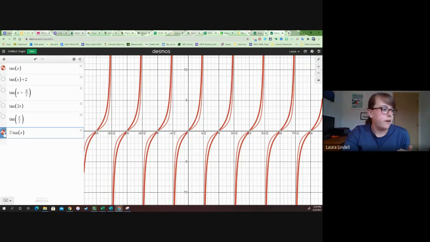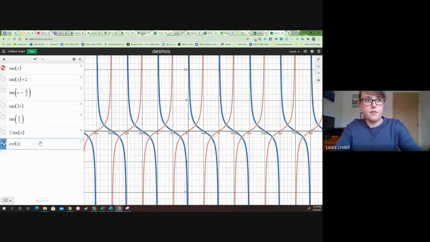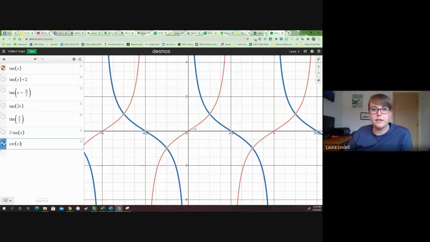What if we look at a variation of like cotangent instead? You can kind of see what cotangent does, which hopefully kind of makes sense, because if you remember what cotangent is, it's what you get when you flip tangent over, right? So this kind of reflects tangent.